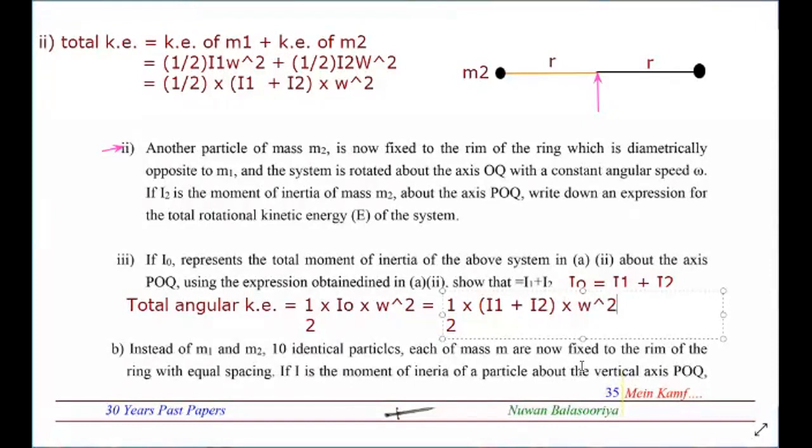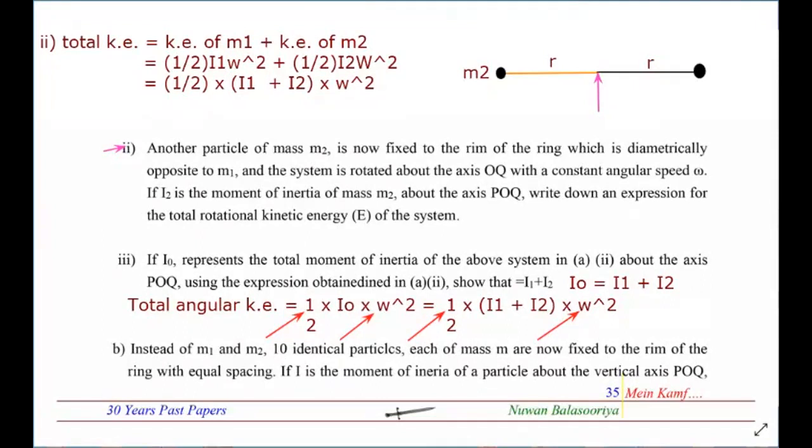Am I right there? This is the expression that we obtained in A Roman number 2. Now there are many terms that can be cancelled out. You see, this half and this half cancel out. Omega square and omega square cancel out. So what are the remaining terms then? I naught equals I1 plus I2.